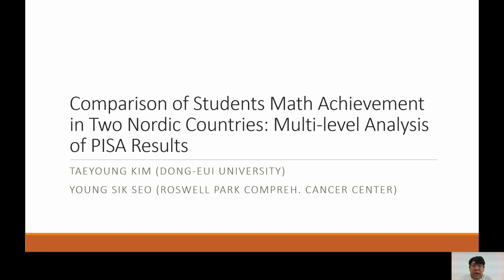So our title is Comparison of Students' Math Achievements in Two Nordic Countries: Multi-Level Analysis of PISA Results. This study compares student achievement in mathematics in two Nordic countries, Finland and Denmark. They are two adjacent Nordic countries, but their achievement levels are different.